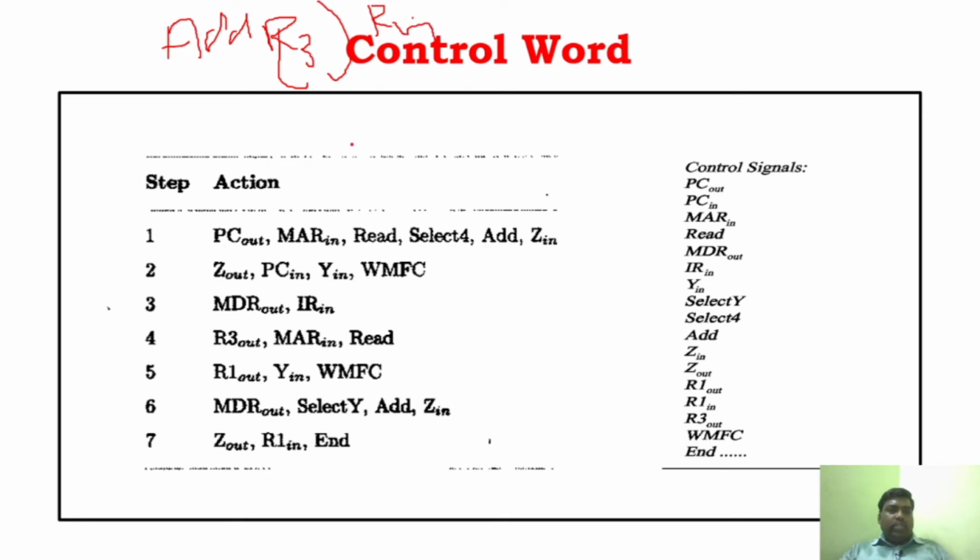These are the instruction steps for executing this instruction. Now we will see how microprogrammed control generates control signals for this list of steps.